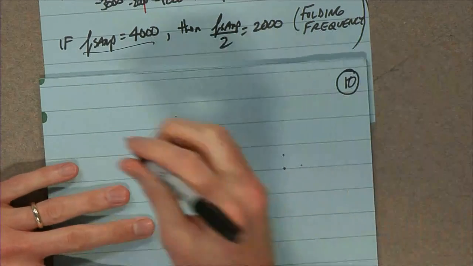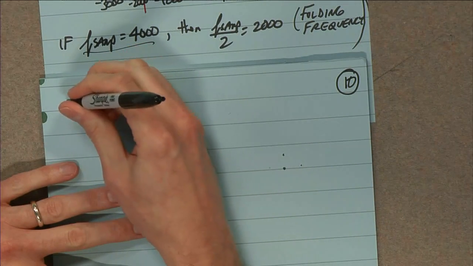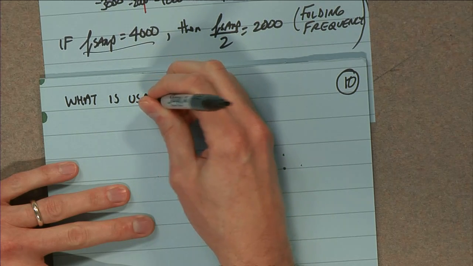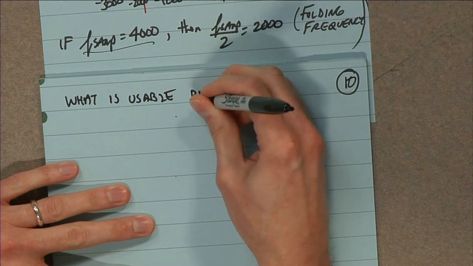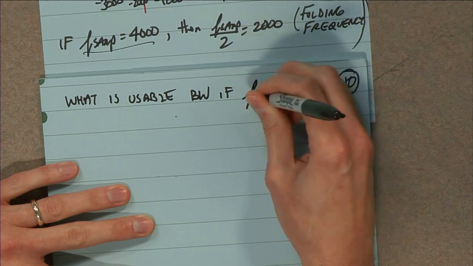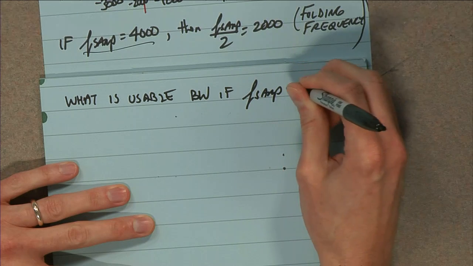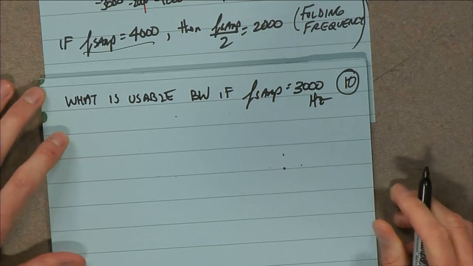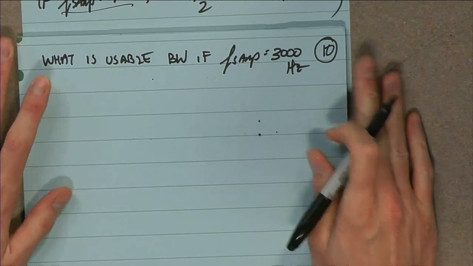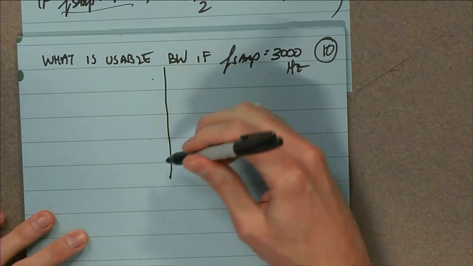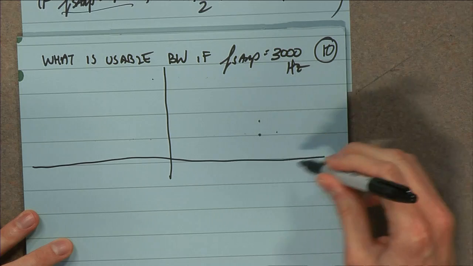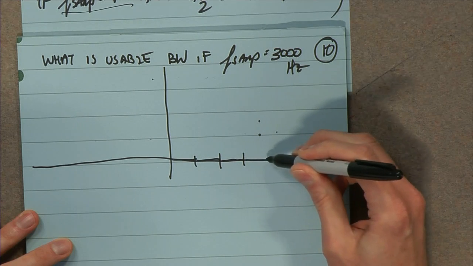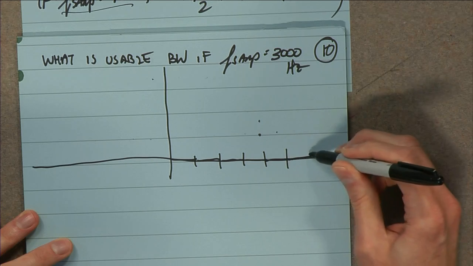So what is the usable bandwidth if fsamp is 3000 hertz? So now we've reduced it. And so the boss might say, hey, let's reduce it to 3,000 hertz because that saves a lot of data that we don't have to pass through the system.